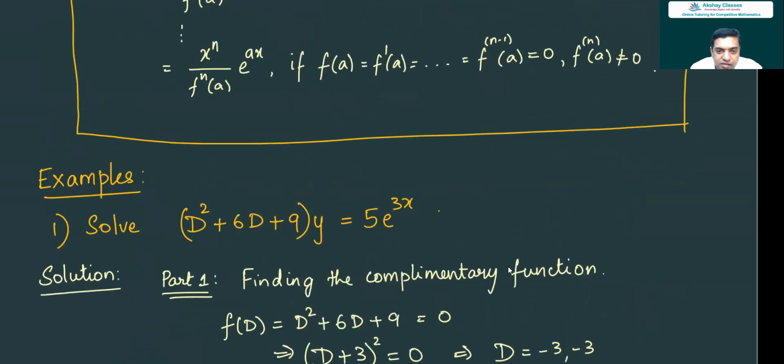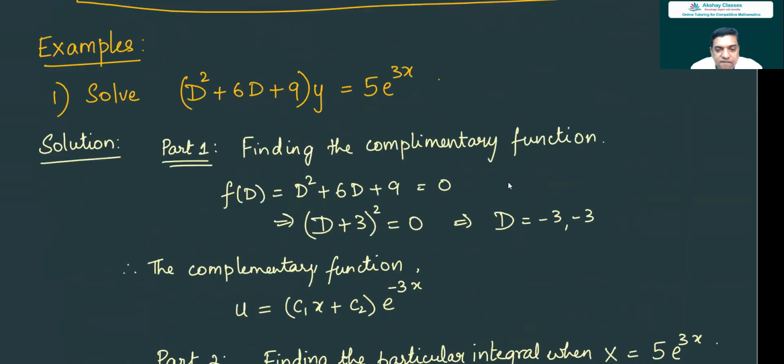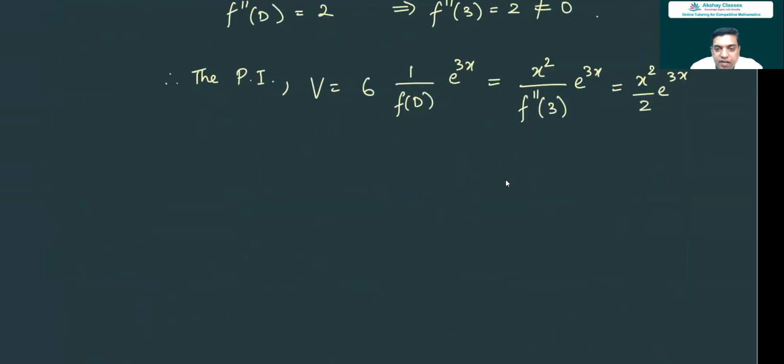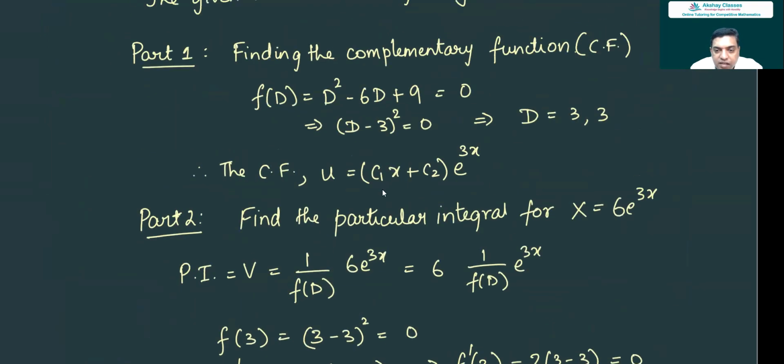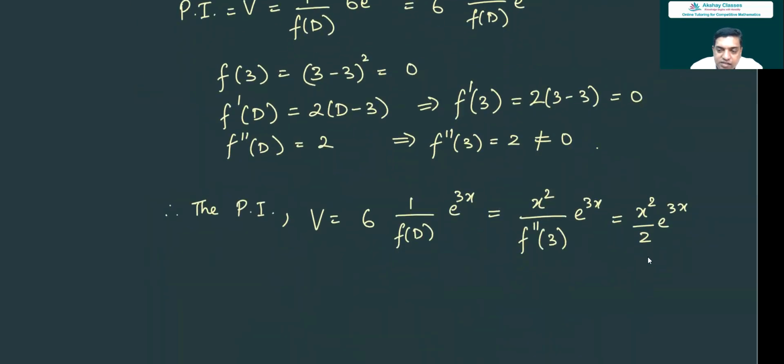Based on this result, the complementary function is (C1 x + C2) e^(3x), and the particular integral is x²/2 e^(3x).